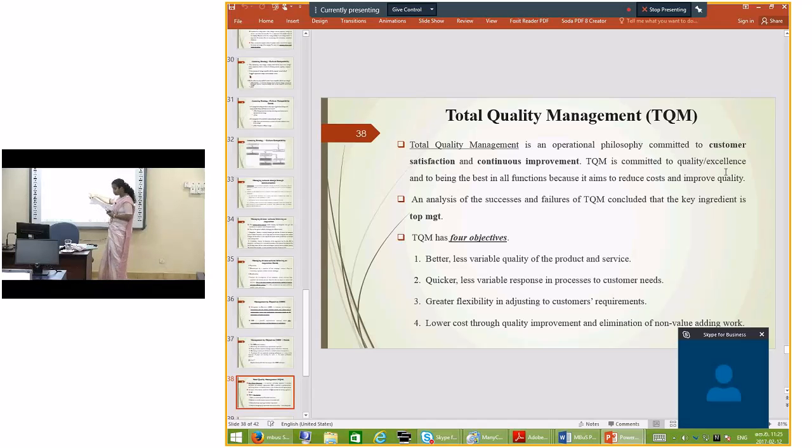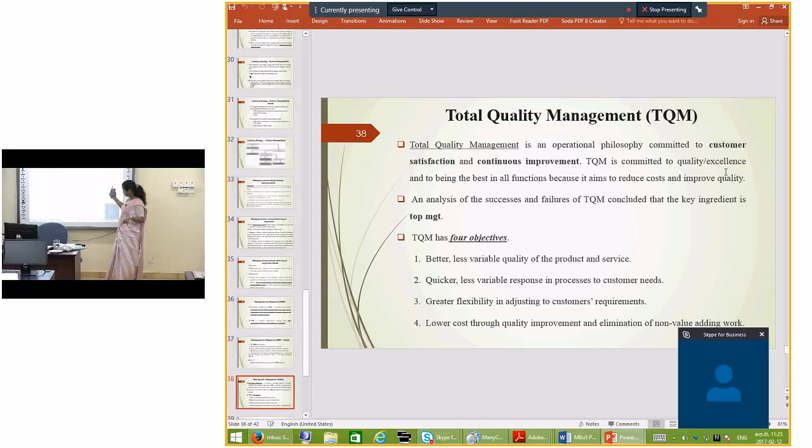The TQM has 4 objectives. The first one is better, less variable quality of the product and service. What does it mean?